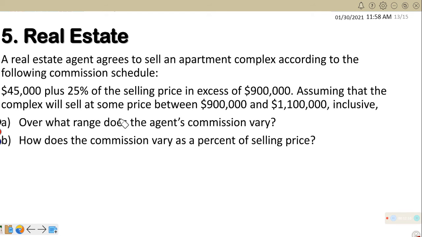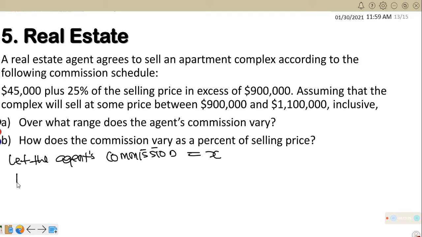So first, let the agent's commission equal X. Then let the selling price equal Y. Now the commission can be calculated as follows.